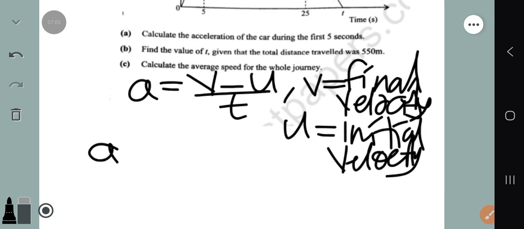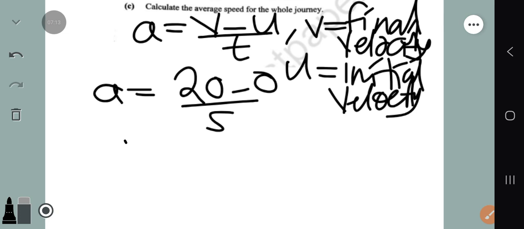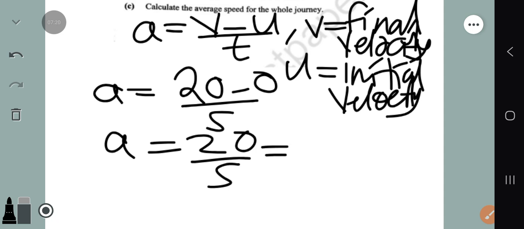So acceleration equals to final speed, 20, minus 0, divided by time, which is 5. So acceleration equals 20 minus 0, that is 20, divided by 5. And what is 20 over 5? It is 4. Now remember, the units of acceleration is meters per second squared, right?